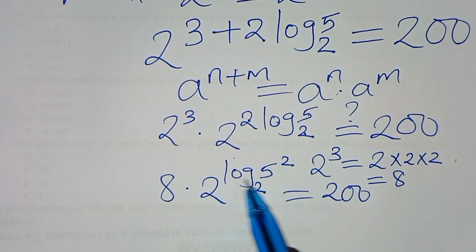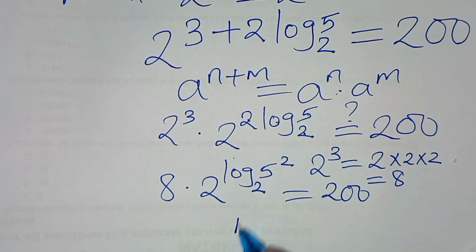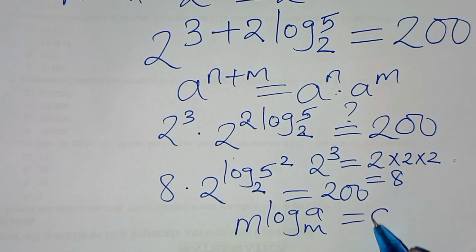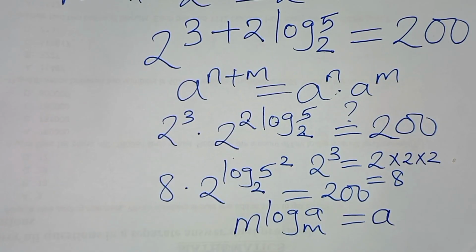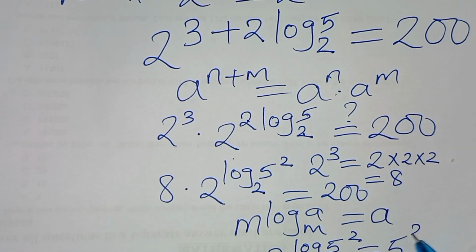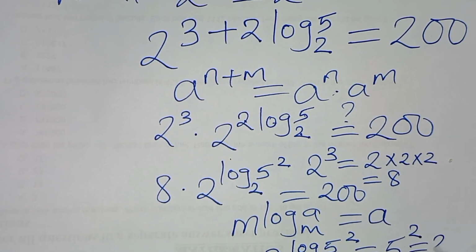Now 2 to the power log 5 square to base 2, this is in the form of m to the power log a to base m, which is essentially equal to a. So that means that this should give us a value of 5 squared, which is equal to 25.